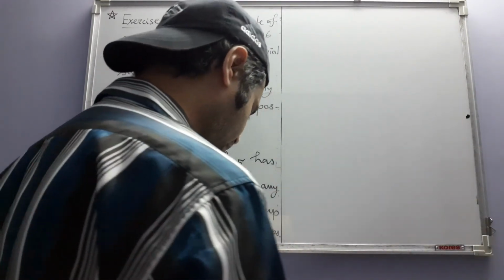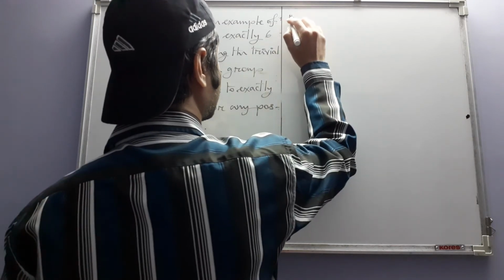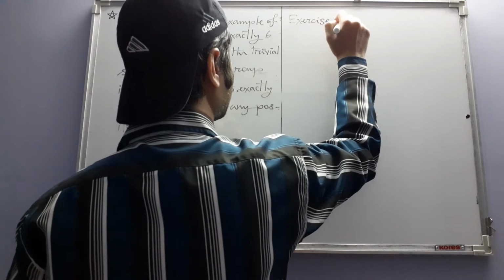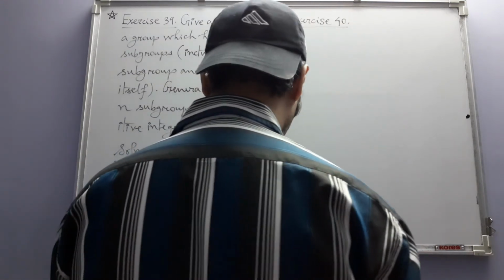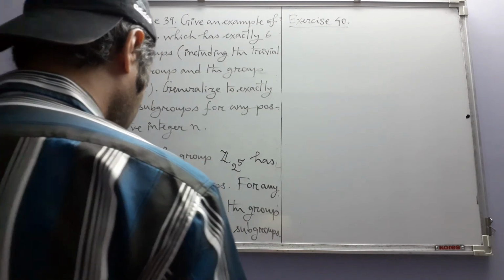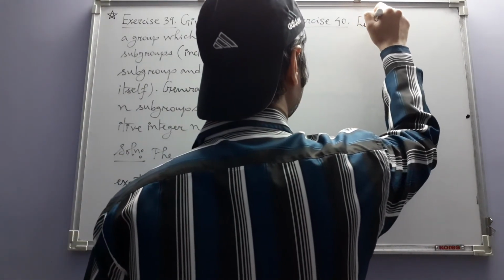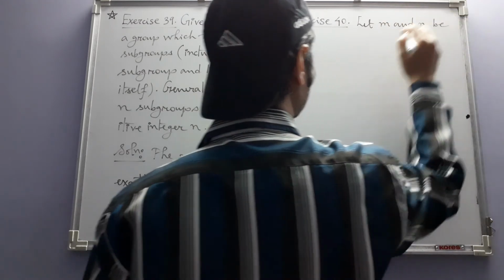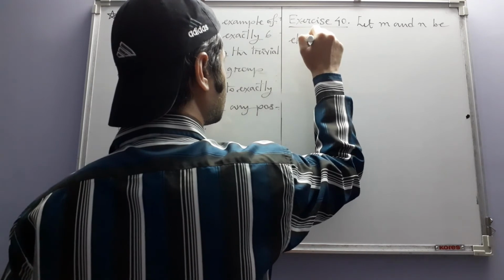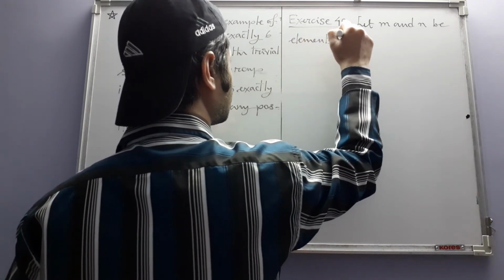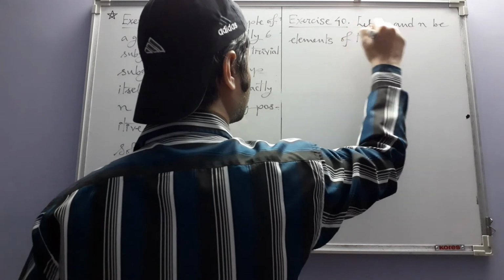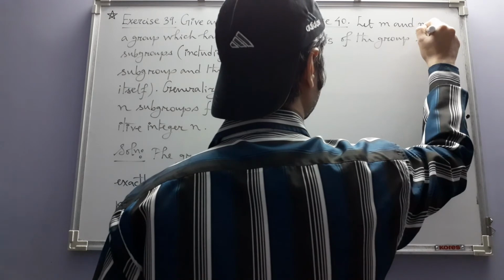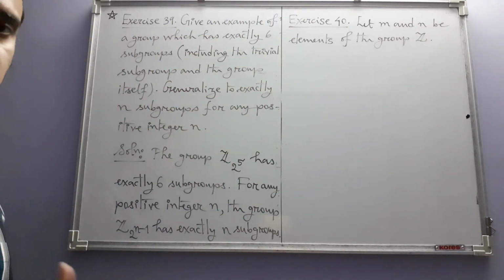Okay, and then finally, exercise 40. Let m and n be elements of the group, the additive group of integers.